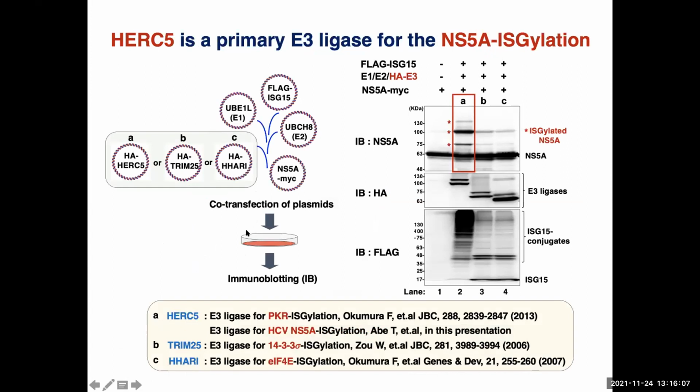Next, we examined which E3 ligase is involved in the ISGylation of NS5A. When we put in the different E3s, we found ISGylated NS5A only in the presence of HERC5. So this suggests that HERC5 is the E3 ligase for NS5A ISGylation.